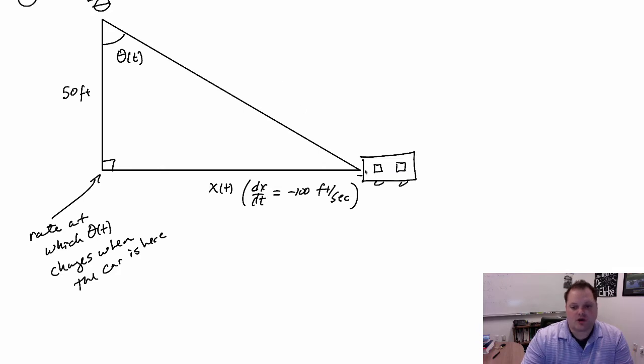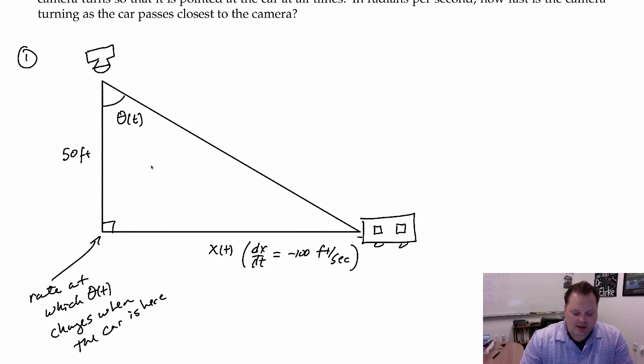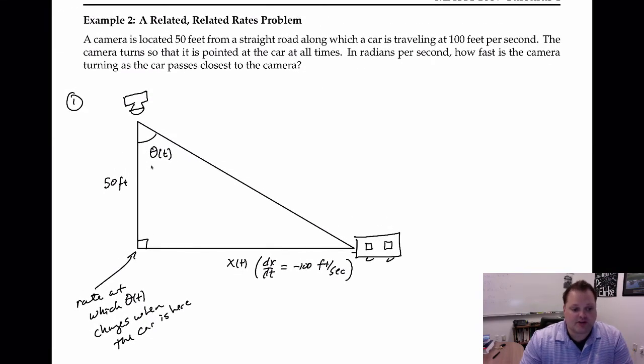In other words, the car is traveling at a high rate of speed, the camera is turning as it does. How fast is the camera turning when the car reaches the spot directly in front of it? Okay, so let's put this into a little bit of mathematical terminology. Step 2 is tell me the rate that you want to find, tell me the rate that you are given. Well, the rate that I want to find is how fast the camera is changing, so that's d theta dt.